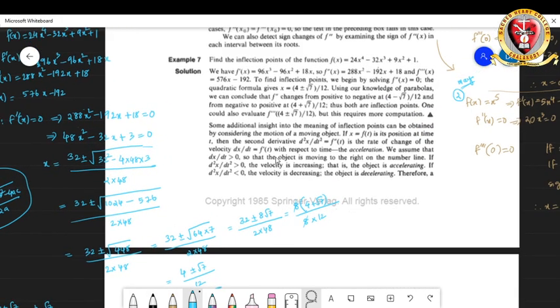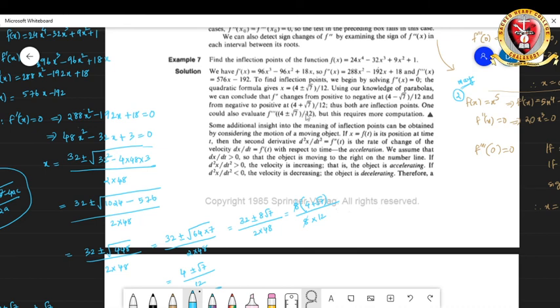And here we are concluding in this example by saying that by the knowledge of parabolas, we can conclude that f double dash changes from positive to negative at the first point and from negative to positive at the second point, which says that both of them are inflection points.